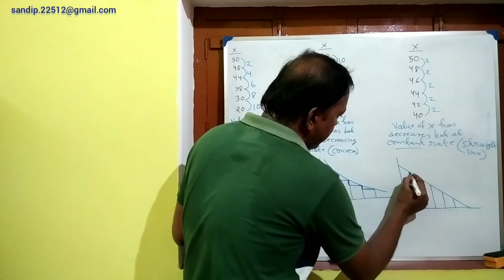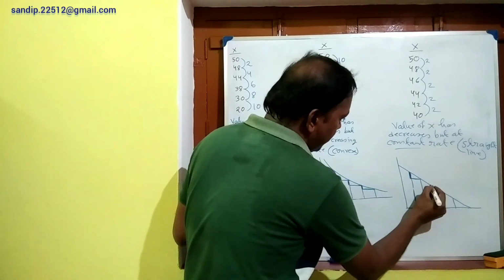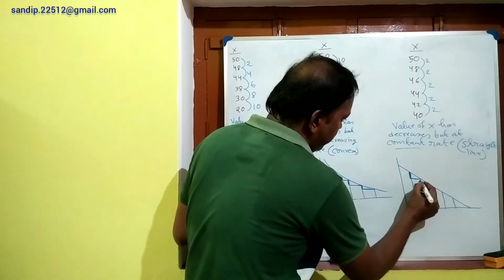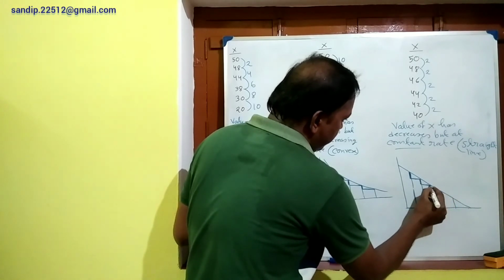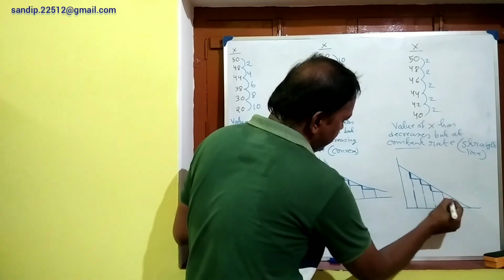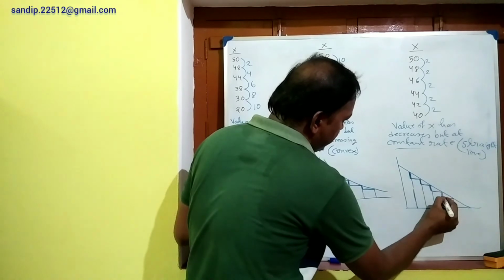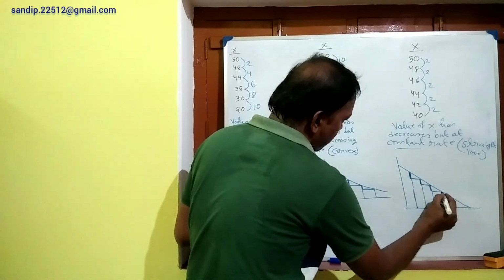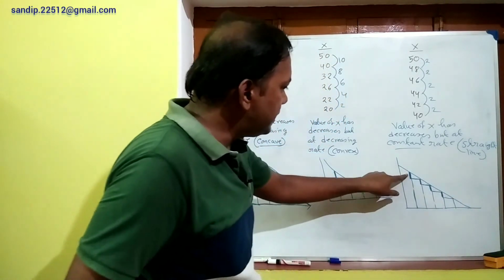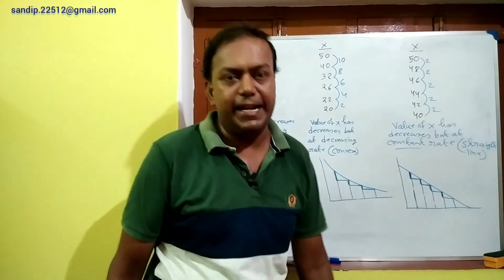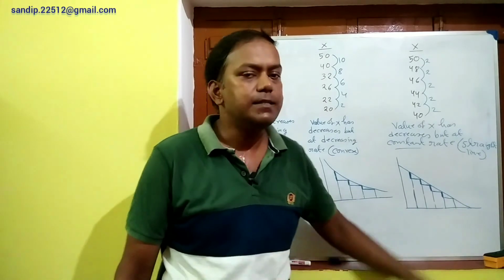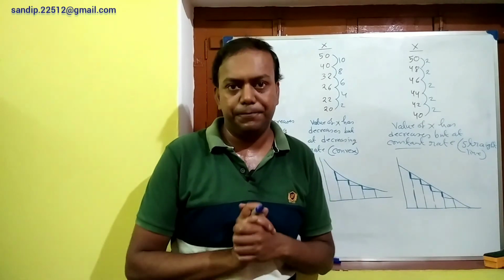Means initially the amount of decrease is this much, after that the rate of decrease is this much, after that this much, after that also this much. Okay, means these rates of decrease are constant. So in that case we can get a straight line.